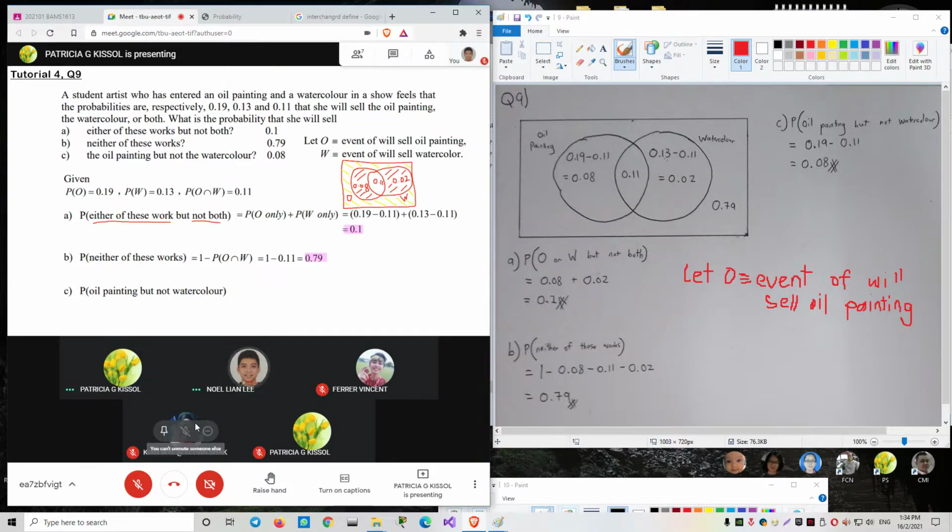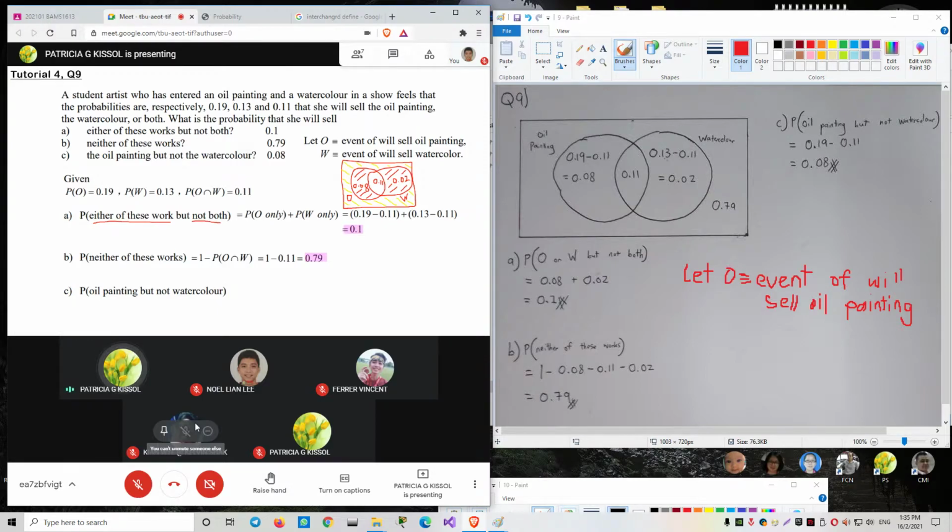My one is 1 minus 0.11 minus 0.02 minus 0.08. If you try 1 minus 0.08 minus 0.11 minus 0.02, it is 0.79.